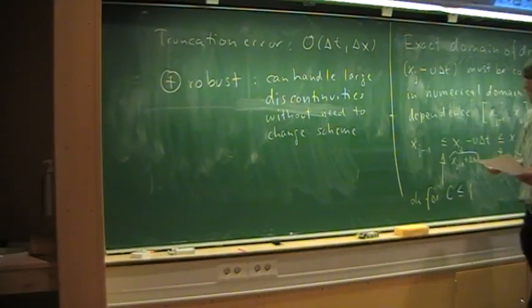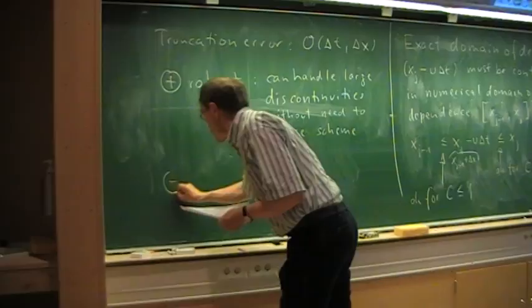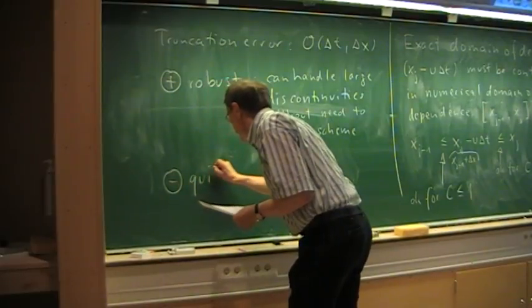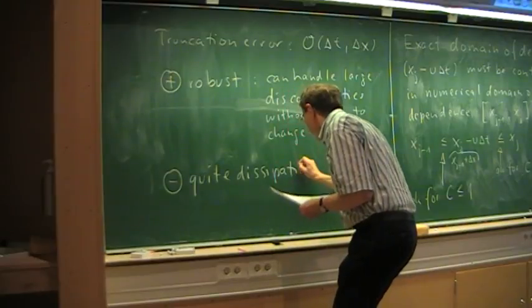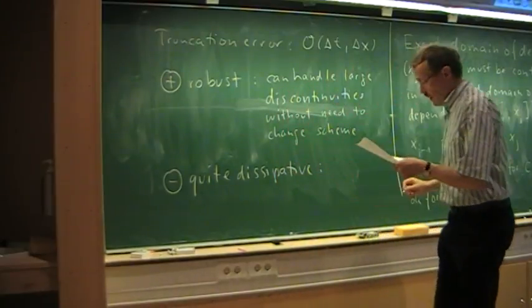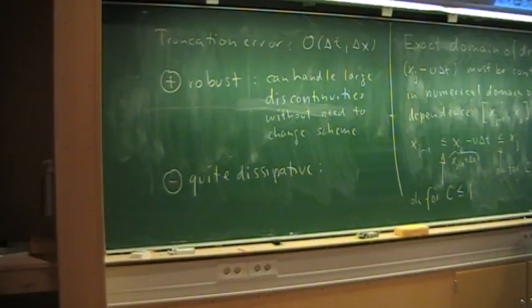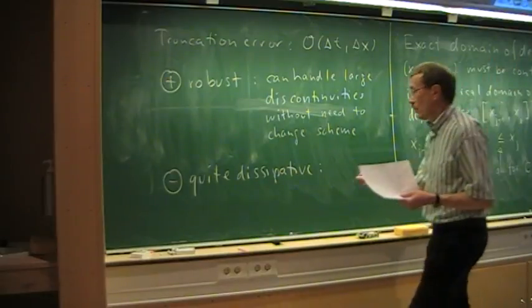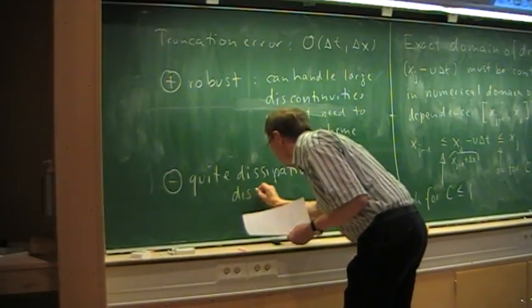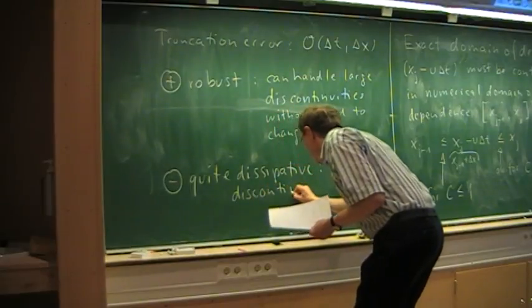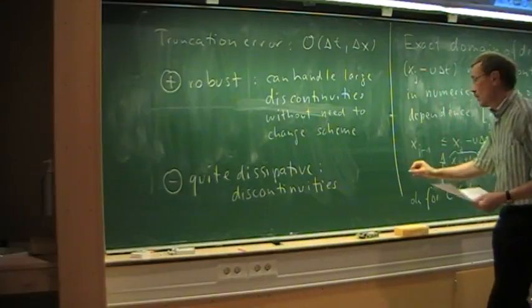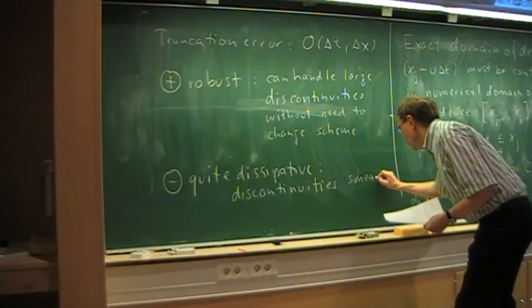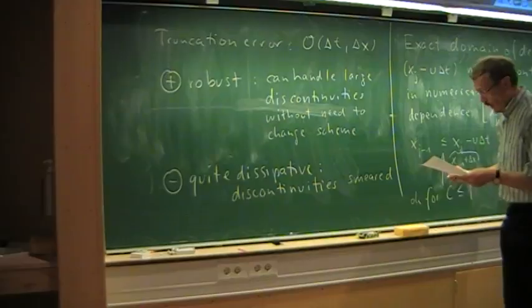However, the disadvantage is that it is quite dissipative. And that means that discontinuities are smeared. They don't stay sharp, but they get very, very smooth as we proceed in time.